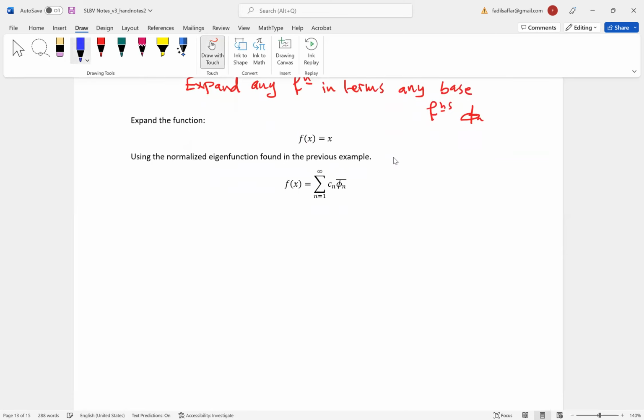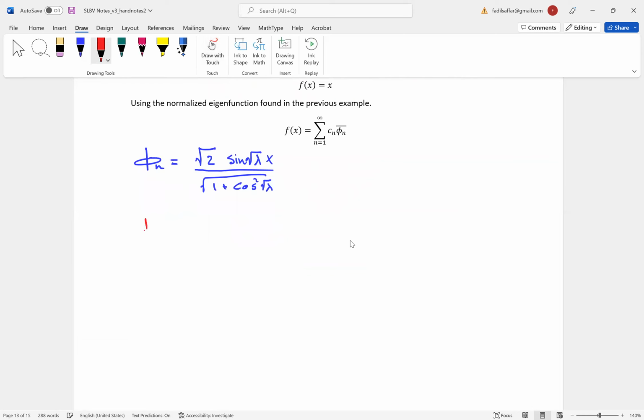So we found that our phi of n, the normalized one, is, again, square root of 2 sine square root of lambda x divided by square root of 1 plus cosine square root of lambda. Let me remind you what the steps are to expand any function. First, normalize your eigenfunctions.